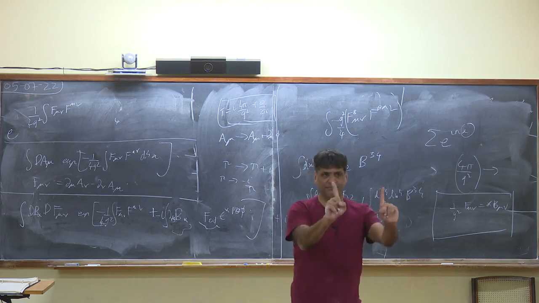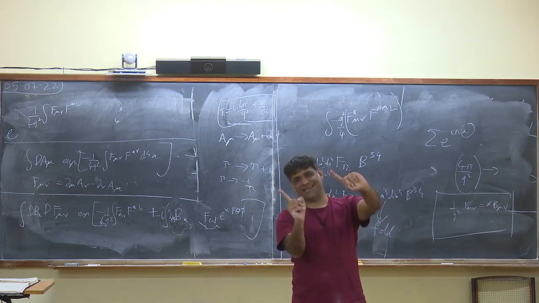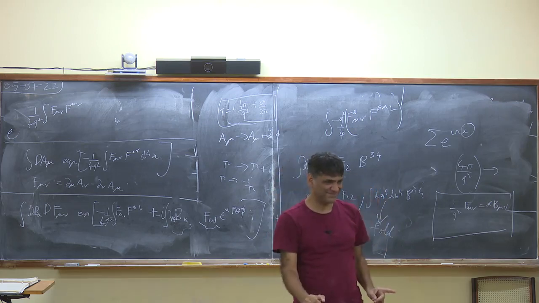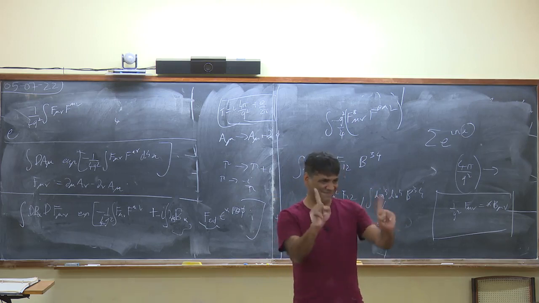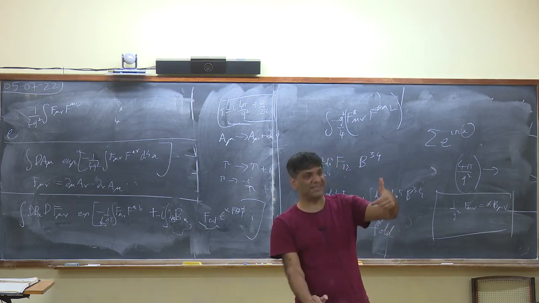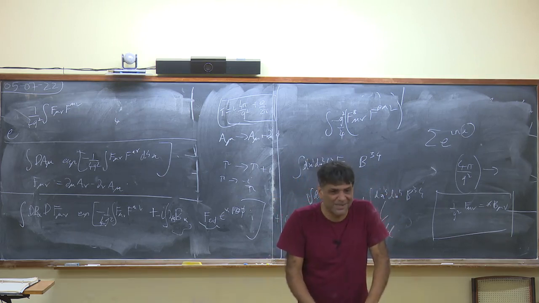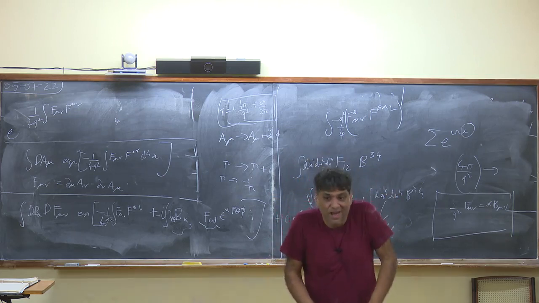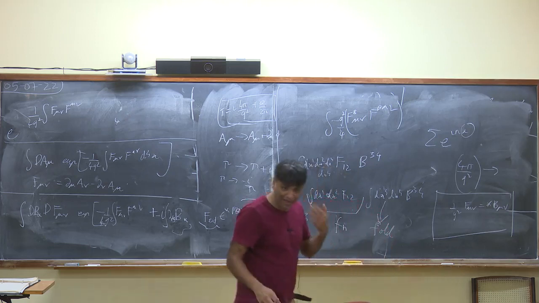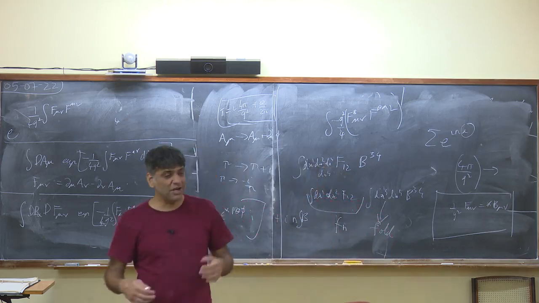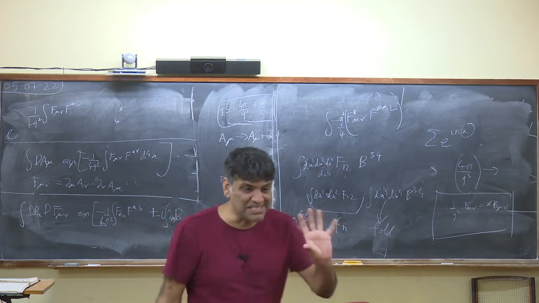There's the trivial thing of tau goes to tau plus 1, just changing cycles. And the slightly less trivial thing of interchanging, tau goes to minus 1 by tau. Very much like that. Okay, so the full duality group here is not just the Z2 thing, it's this SL2Z.